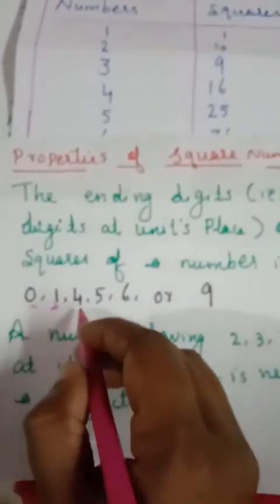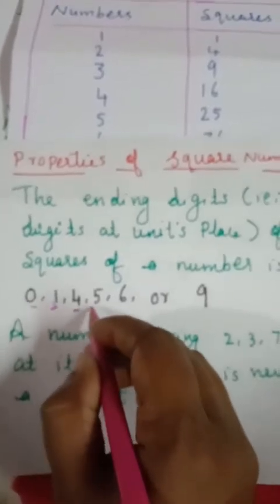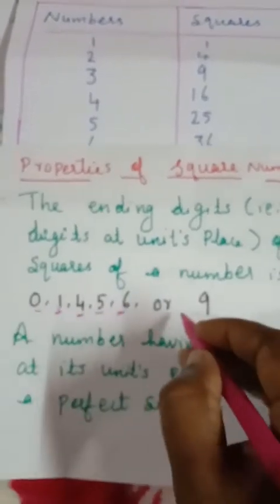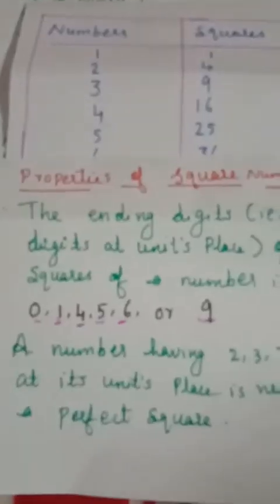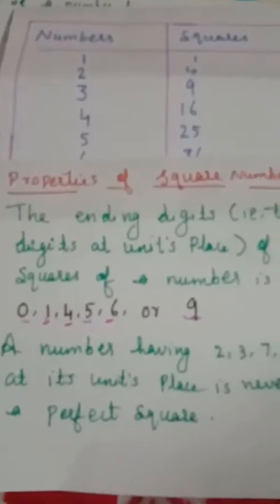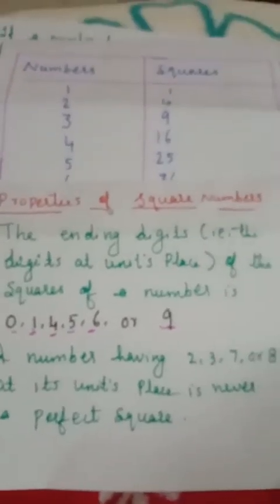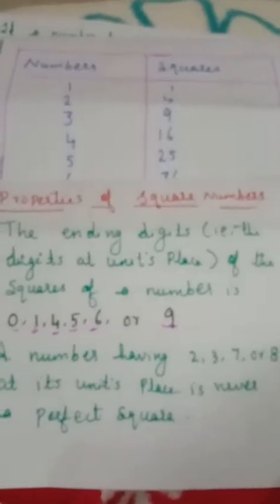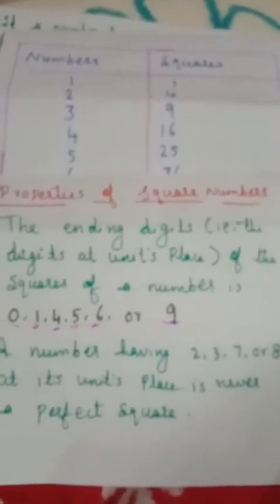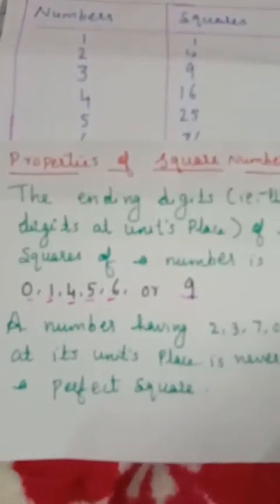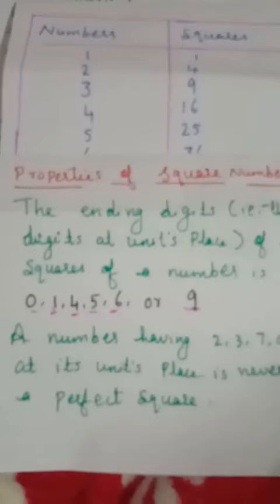Ending digit means the units place of the square number. Let us check it.